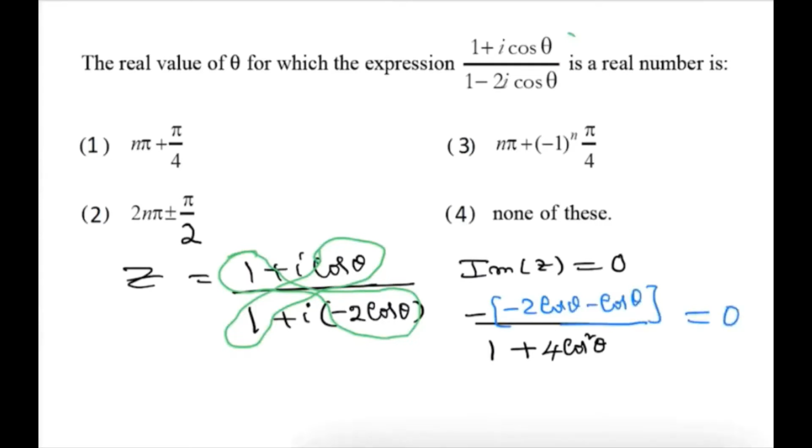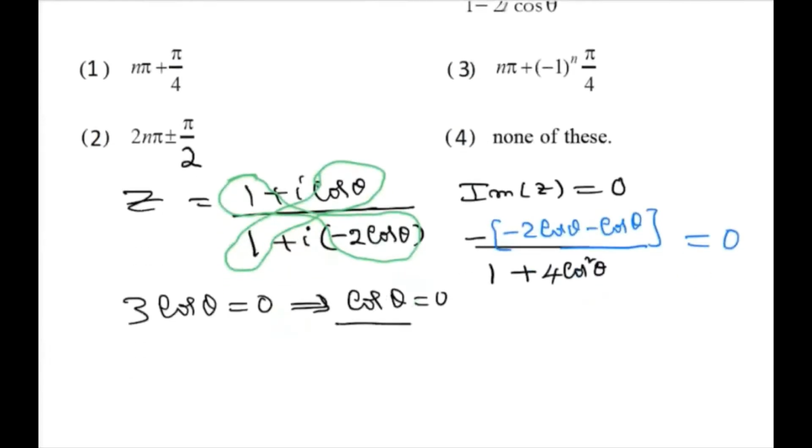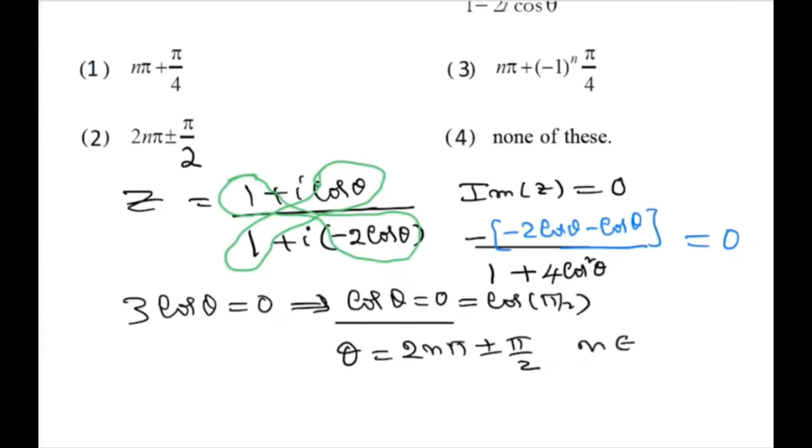If you cross multiply, you get 3 cos theta is 0. That gives us cos theta equal to 0. The general solution of cos theta equal to 0 is 2n pi plus or minus pi by 2, because cos pi by 2 is 0, where n is any integer.